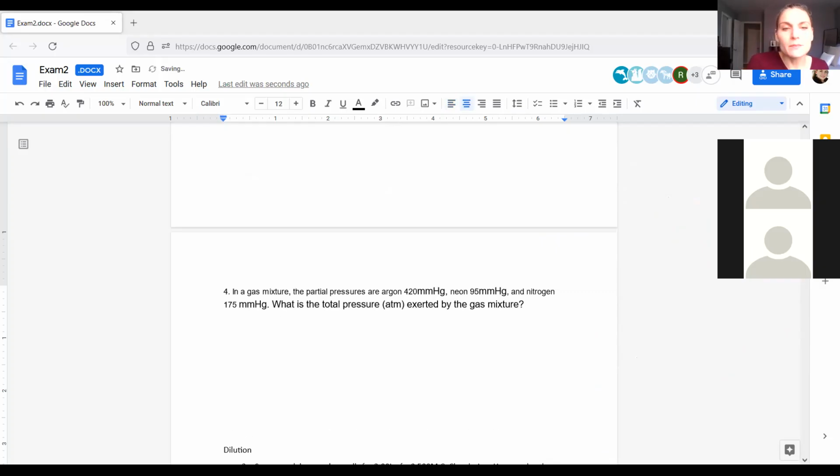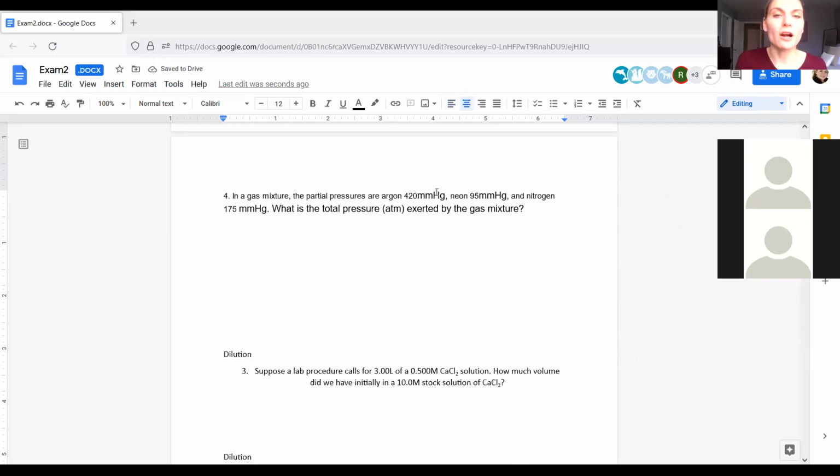This says in a gas mixture, the partial pressures are argon at 420 mmHg, neon at 95 mmHg, and nitrogen at 175 mmHg. What is the total pressure in atmosphere exerted by the gas mixture? So first of all we're totaling up these partial pressures.